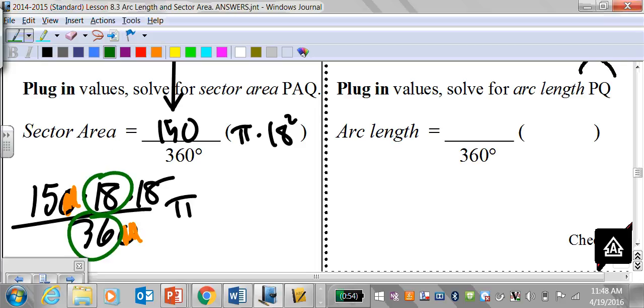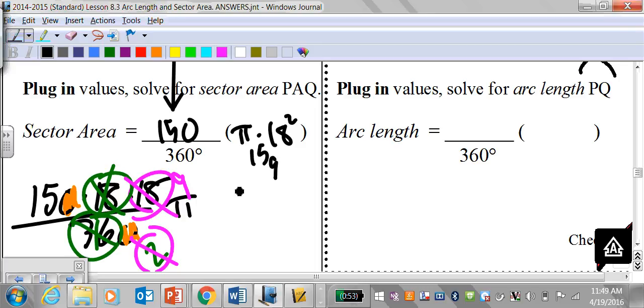That's even. 18 goes into 36. That's 2. 2 goes in here 9 times.